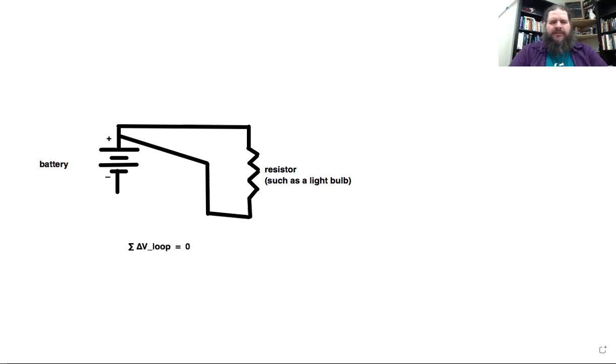And this is, ultimately, very similar to the Bernoulli equation in some ways. Voltage is basically the electrical version of energy density. The main difference is when we're talking about fluid flow, what do we mean by energy density?